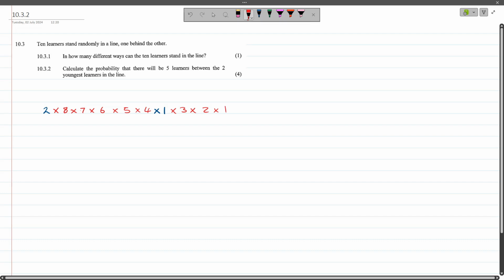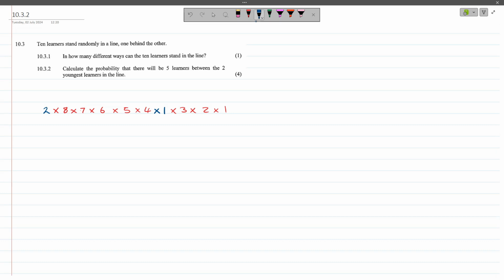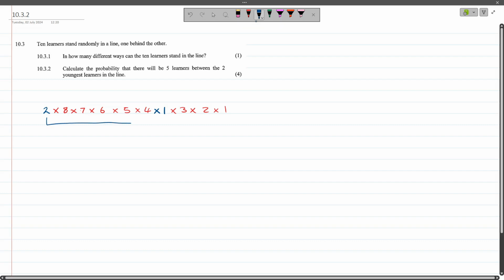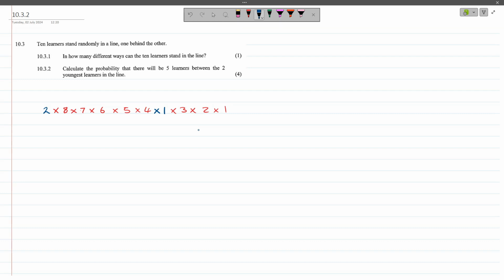So what this basically means is that we can shift this around. We can shift their positions from this position to being in this position. They can also hold that position, and they can also hold that position. So that's a total of 4 positions, and you can write them out.